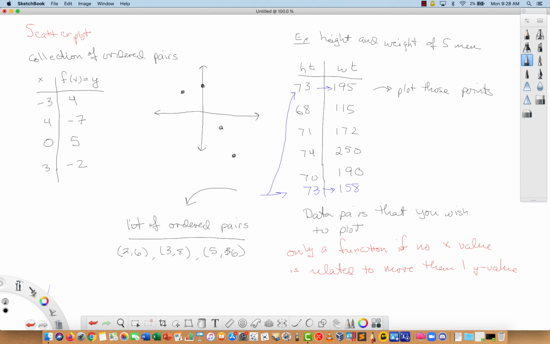Now these ordered pairs, if you wanted to then make a scatter plot out of them, you could. And those ordered pairs would, as they stand, be a function. Because notice that each value is related to only one. Each first value, each x value is related to only one y value. Each domain value is related to exactly one range value. So right there, that's a function.